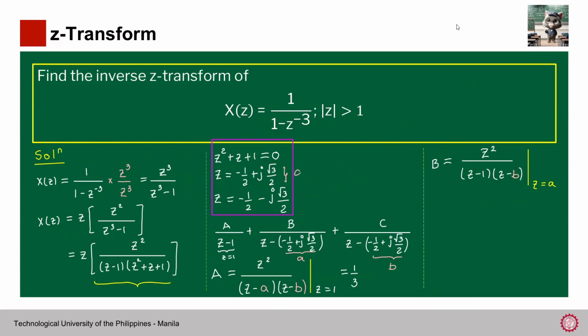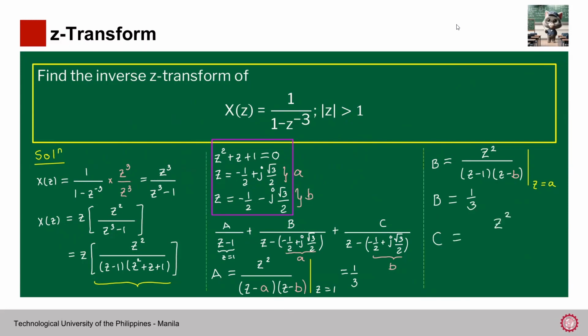We will store this to variable A. We'll store this to variable B. So ito yung negative 1 half plus j root of 3 over 2. And if you will solve this one, you can use your calculator, you'll be getting 1/3 as well.